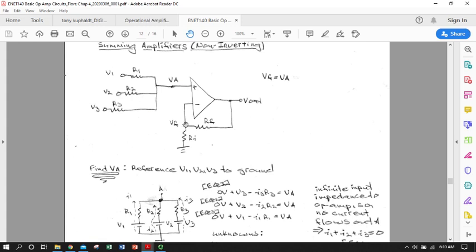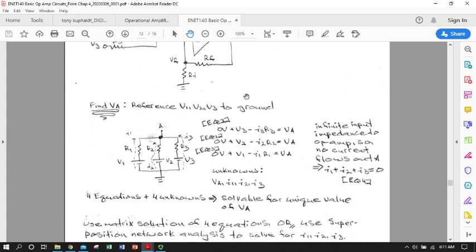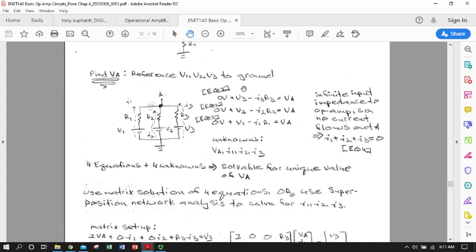Once we know this voltage, we can say something about currents through these two resistors, and we should be able to say something about the output voltage. So that's how we'll relate input signals through V sub A down to V sub F, use some KVLs and KCLs, and relate to the output. Have to walk from one end of the circuit to the other to get what we want.